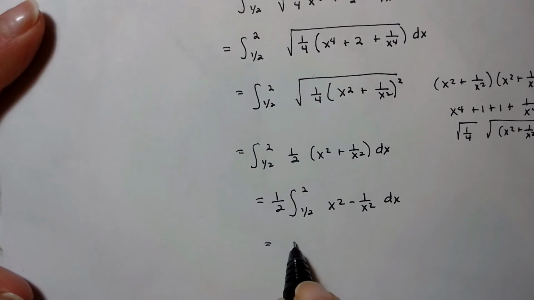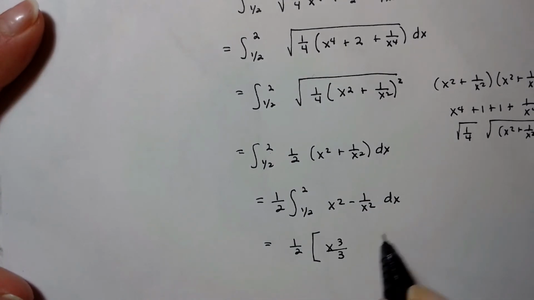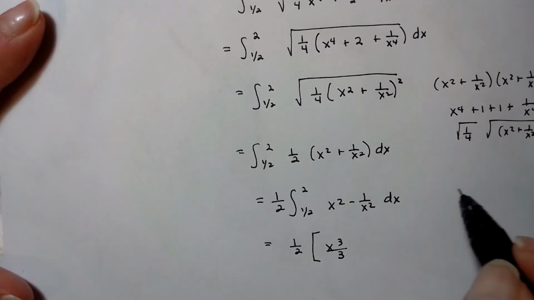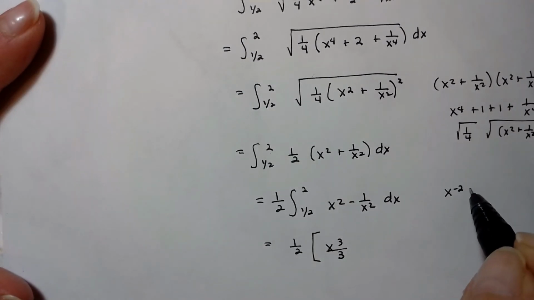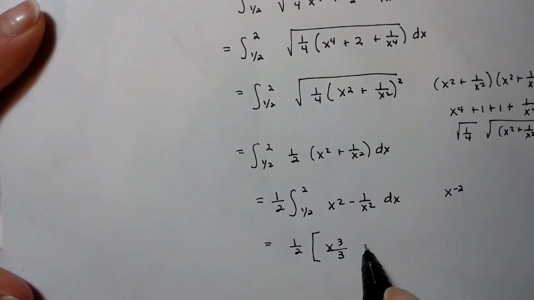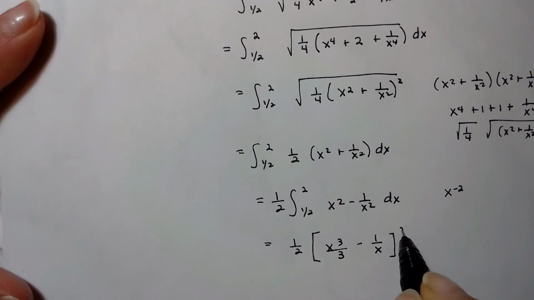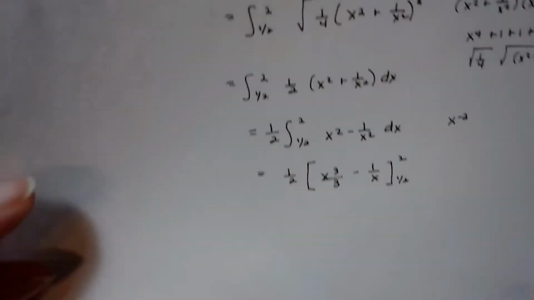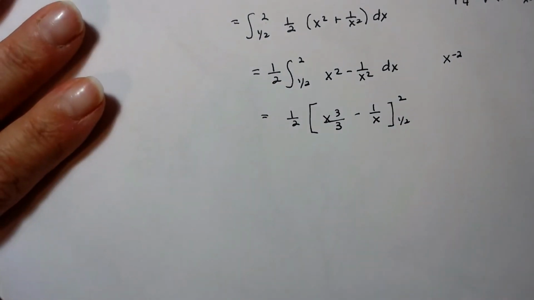So that's going to be, let's say, 1/2 of x cubed over 3. Now if I integrate this, this is x to the minus 2, so I'm going to add 1 and divide by the same exponent, so minus 1 over x from 1/2 to 2. And let's see.